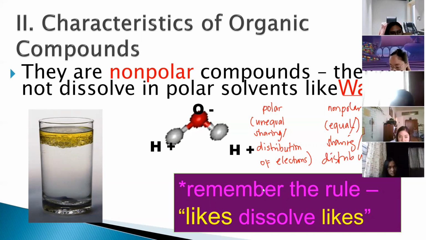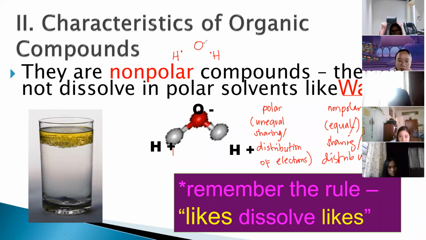So in the case of water, you have oxygen at the center and then you have hydrogen bonded to oxygen. And remember, class, that hydrogen has one valence electron. It is in group 1, so it has one valence electron.